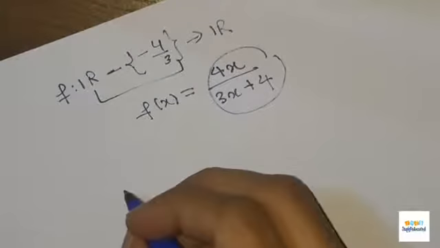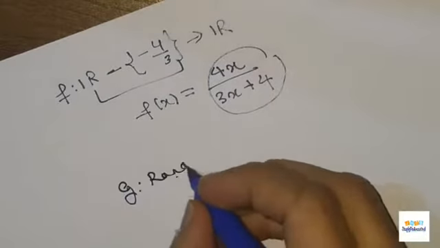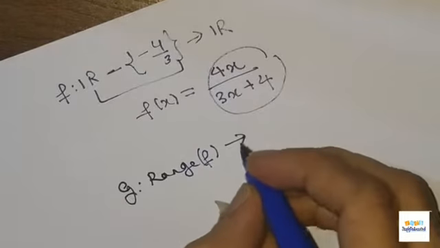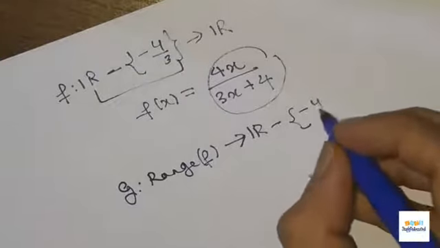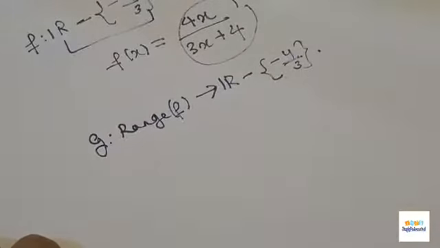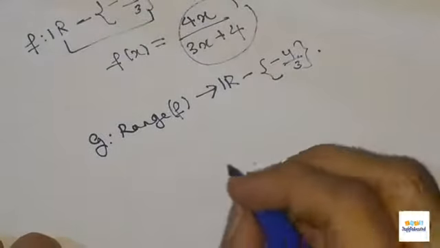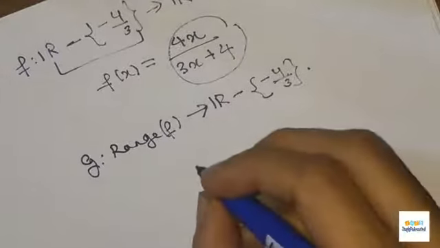Now we have to find the inverse g. They have also given where the inverse goes, that is from the range of f to the domain of f, that is R minus the set {-4/3}. We have to find this function. Now how to find it? This is an MCQ, so we have to solve it quickly.